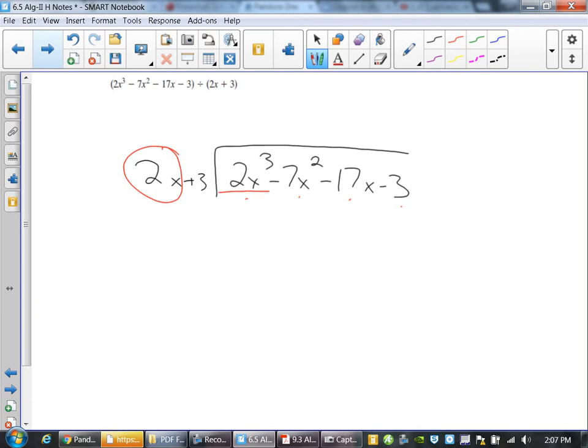The x squared. You're always going to place it underneath whatever power you're multiplying by for your first step. That's just the generic rule. Okay. So I put it in x squared here. Whatever I have to multiply it by, I want to line it up with whatever power is below it. Whether it's x squared, x cubed, x, whatever. You just line it up. That's the generic rule. Okay?